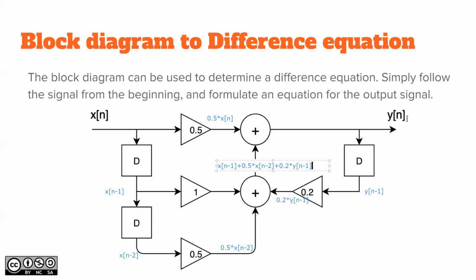Which actually means that here, y of n equals, and I'll do it in a different color, y of n equals, it comes from this summation, 0.5 x of n plus x of n minus 1 plus 0.5 times x of n minus 2 plus 0.2 y of n minus 1.